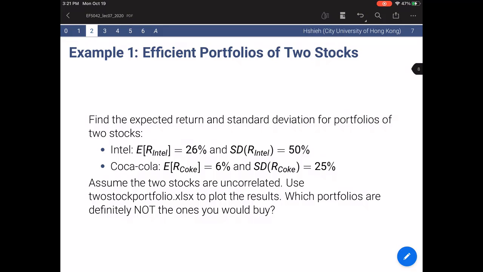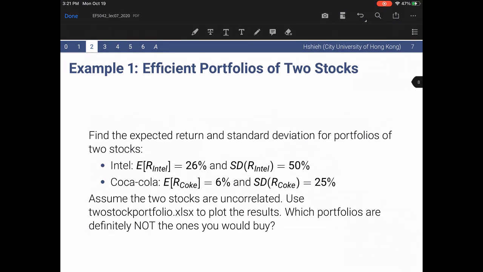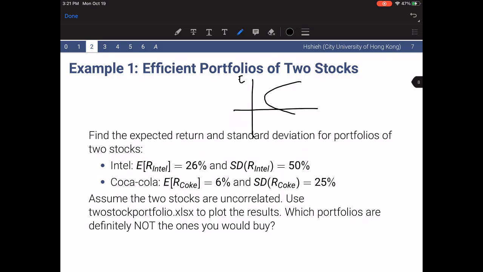When you plot the mean return and volatility, you'll get a figure that looks like this. You get a C-shaped graph, if you plot the mean return of your portfolio as the y-axis and the volatility of your portfolio as the x-axis.